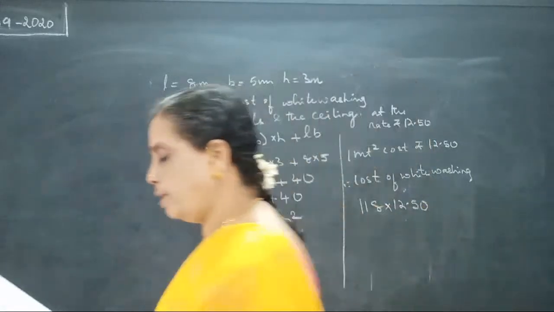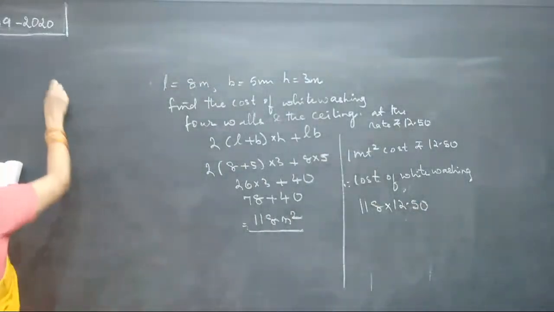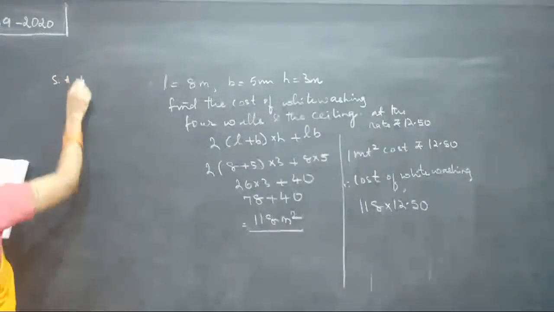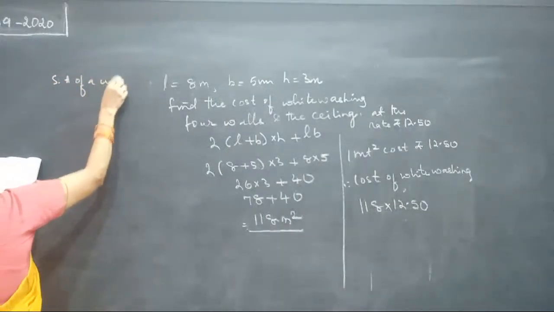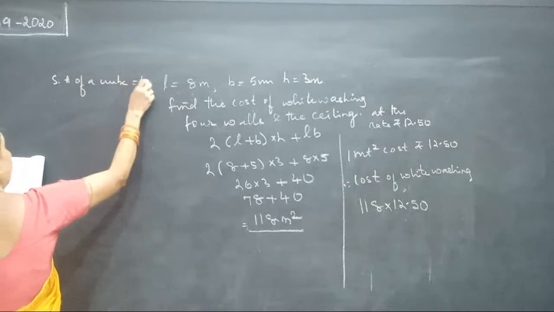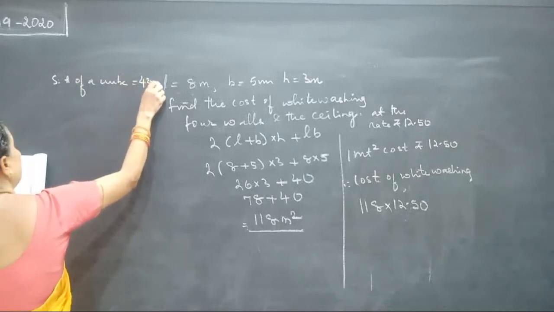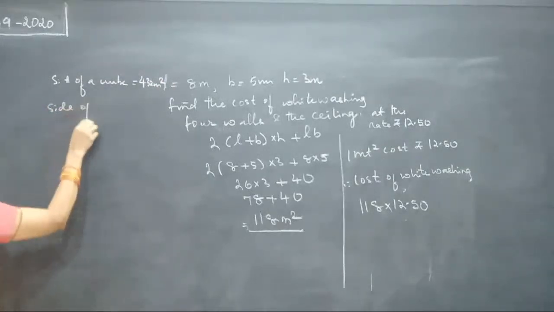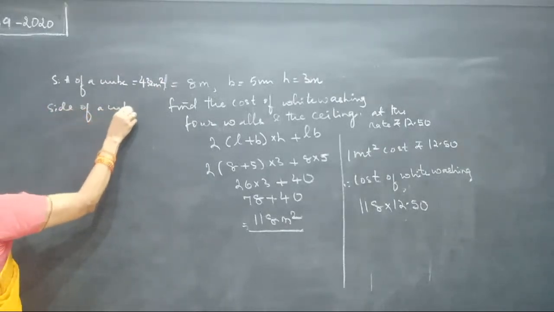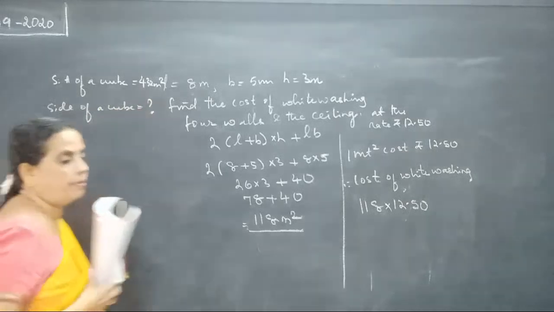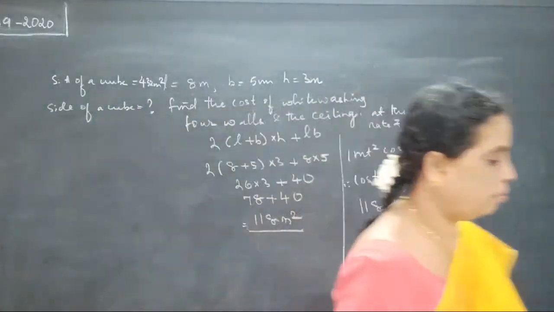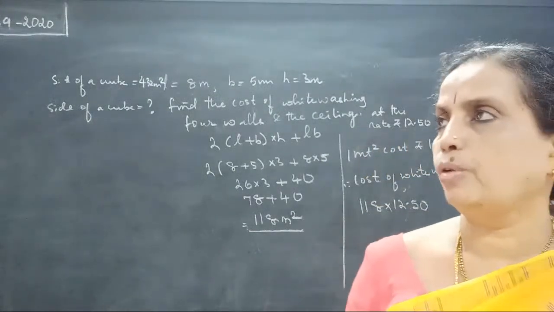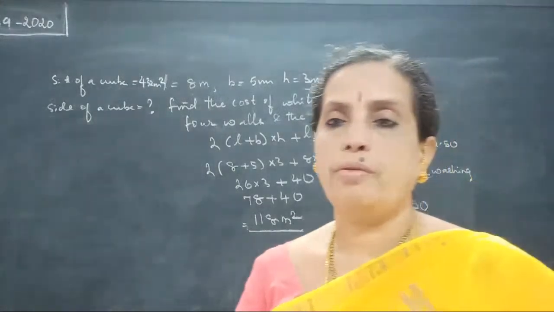Find the side of a cube whose surface area is given as 432 meters square. What is the total surface area of a cube? Total surface area of a cube is 6a square.